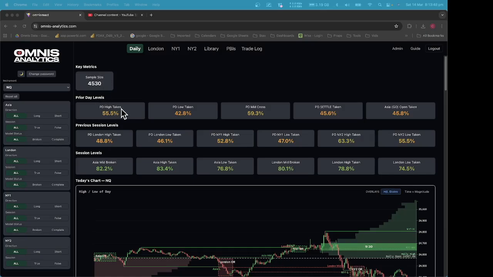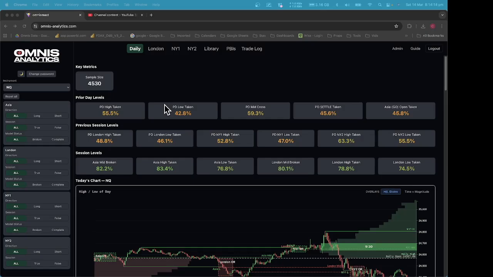Now, the top row of these key cards is to do with the prior day levels. Here we have the percentage of days that price did revisit the previous day's high. A consistently high rate means that the previous day high is a high probability target on most days. Here we have the previous day low, and it's the same thing.